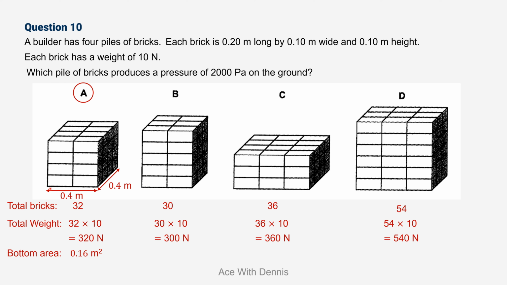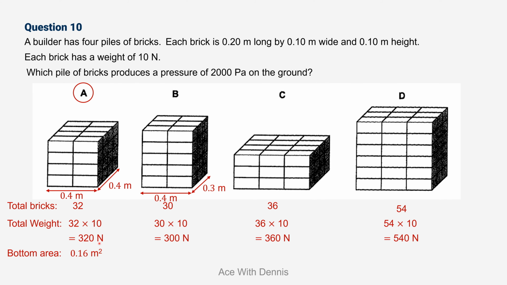Hence, the bottom area will be 0.4 meters times 0.4 meters, we get 0.16 meters squared. Alright, we repeat the same process for option B, option C, and option D. So for option B, this length will be 0.4 meters, this length will be 0.3 meters because we have 3 bricks here and here is 2 bricks.